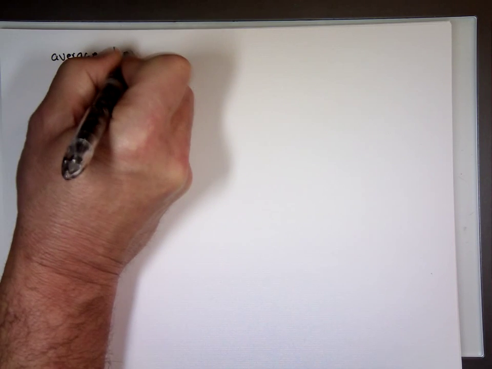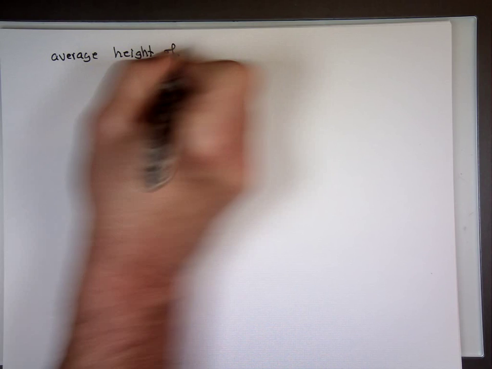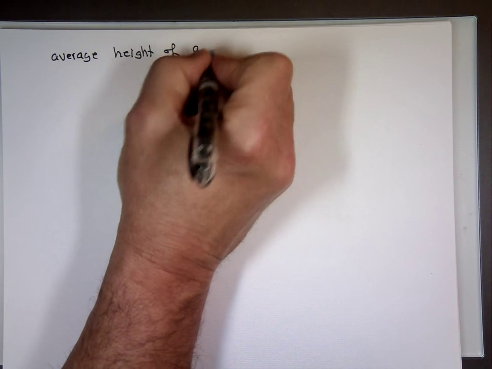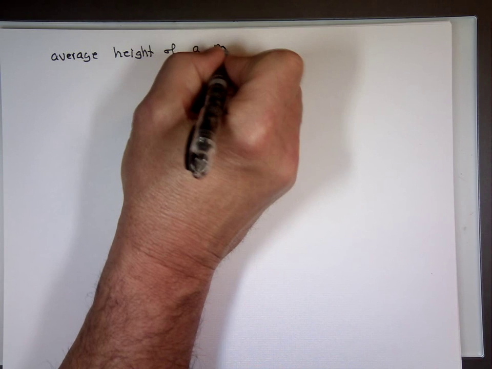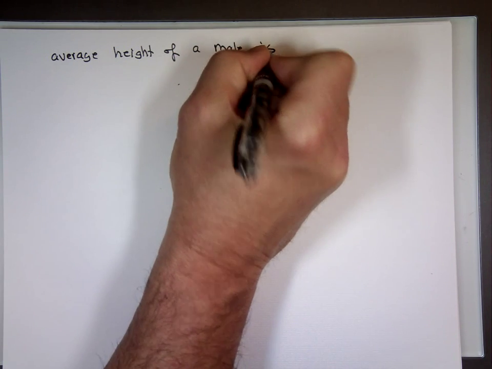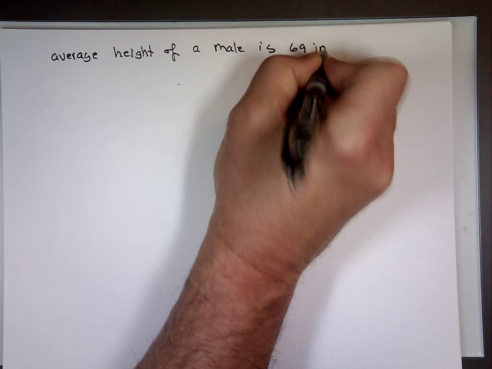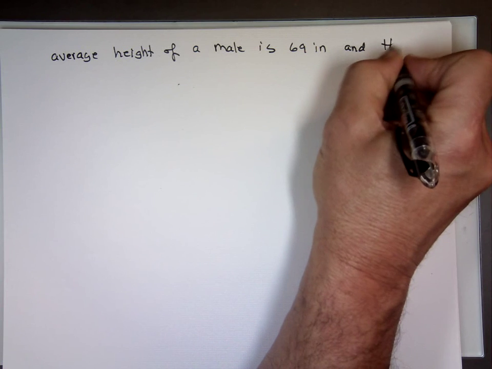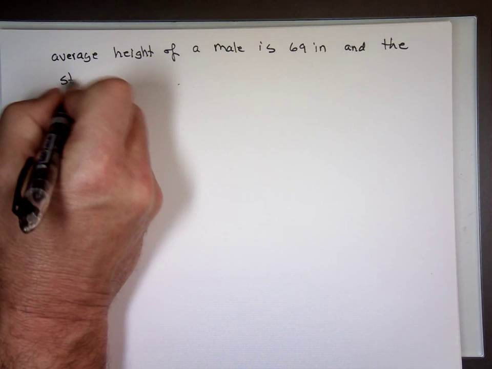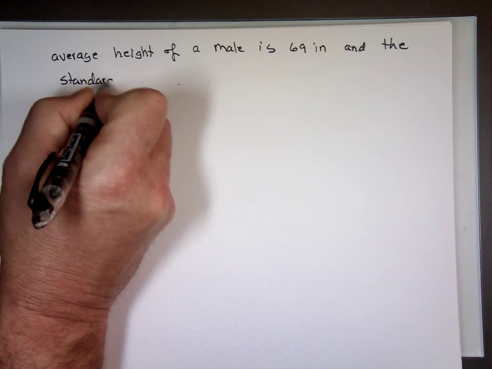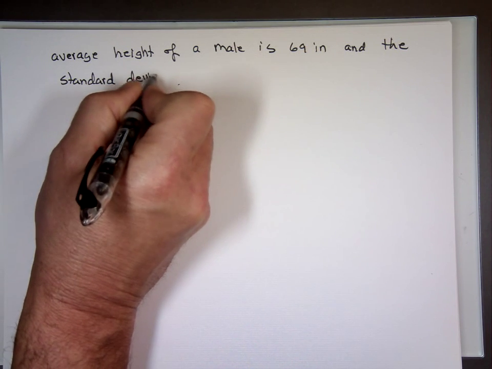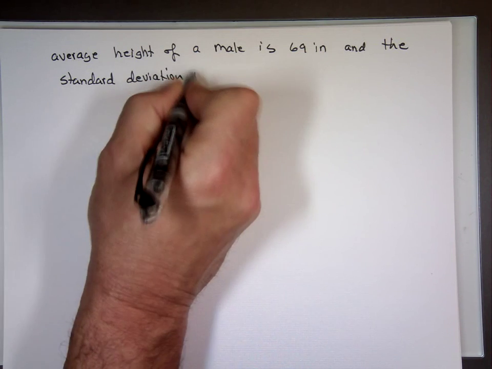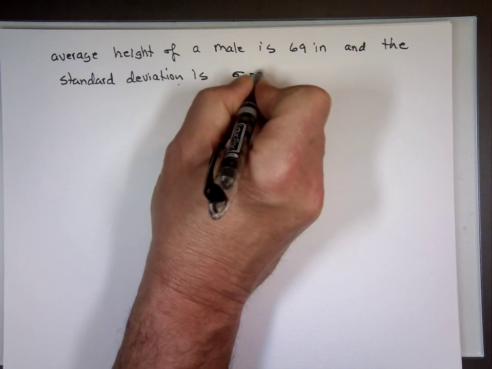So the average height of a male is 69 inches. And the standard deviation is 2.6. I'm making that up, inches.